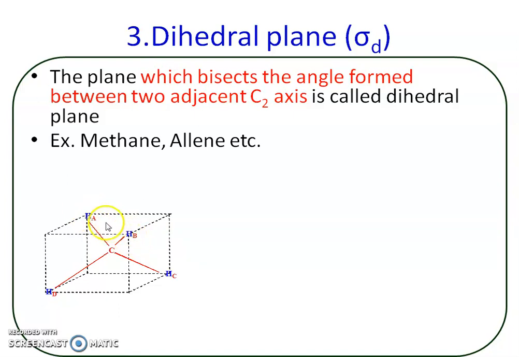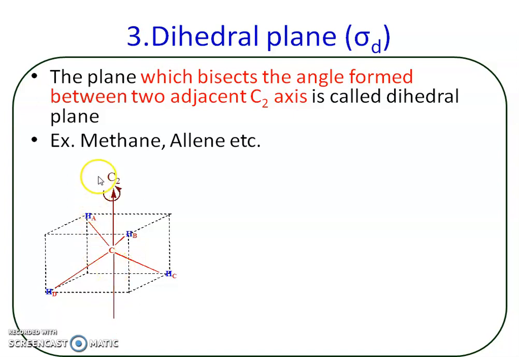The remaining 2 hydrogen atoms occupy the diagonal corners of the bottom face, but these 2 diagonals are not parallel to the diagonals of the top face. They are the opposite diagonals of the top face diagonals occupied by the hydrogens. So this is the tetrahedral methane molecule.